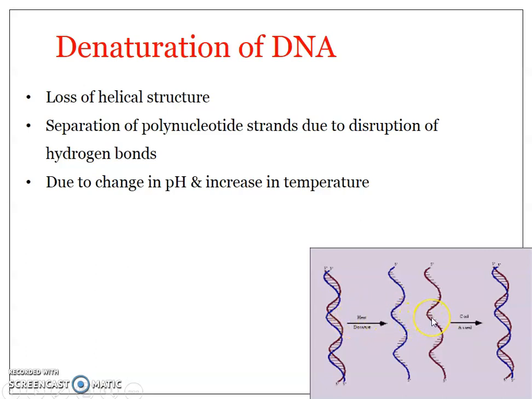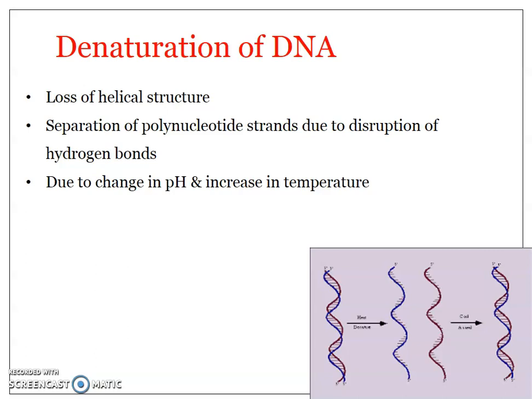This particular process is known as denaturation, or melting. So denaturation is simply the loss of the double helical structure because of the disruption of hydrogen bonds, or separation of the polynucleotide strands. This can happen when there is an increase in temperature, or when there is a change in the pH where the DNA is found.